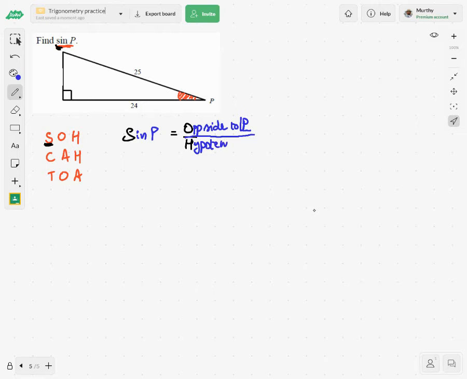This is hypotenuse. So already I identified where the angle is, and opposite side means, oh my gosh, here there's no value. I don't know what is the opposite side value.